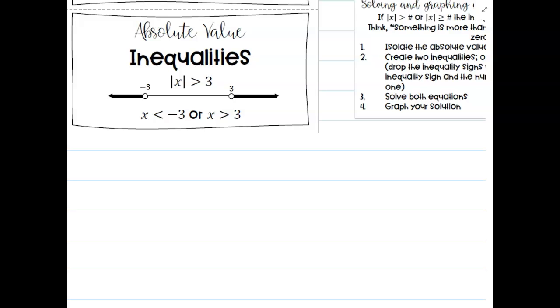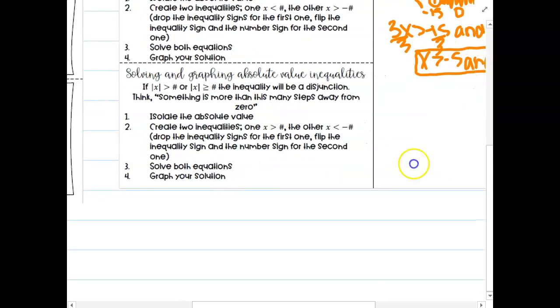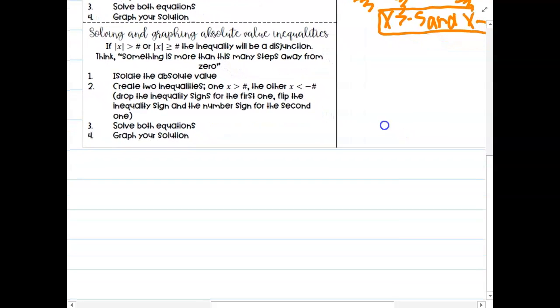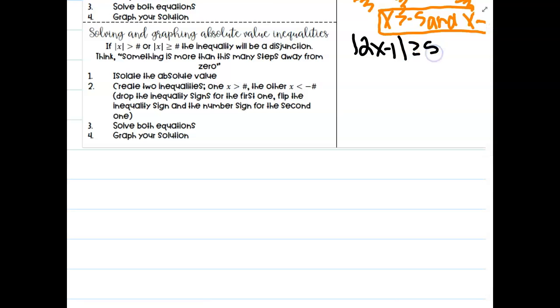You see what this graph looks like? This is going to be an OR inequality. Now, the good news is we have this nice little shortcut that's going to make our life a little easier here. So let's solve this one. Let's do the absolute value of 2x minus 1 is greater than or equal to 5.